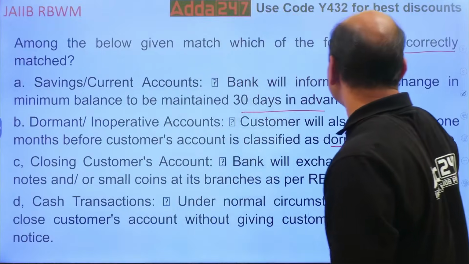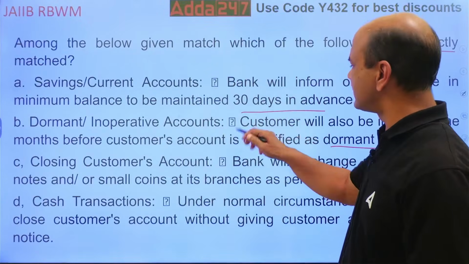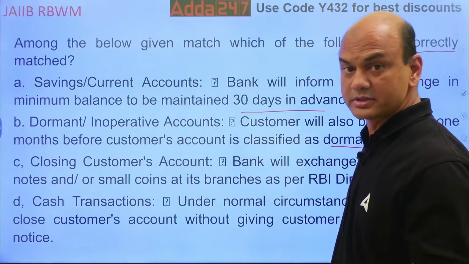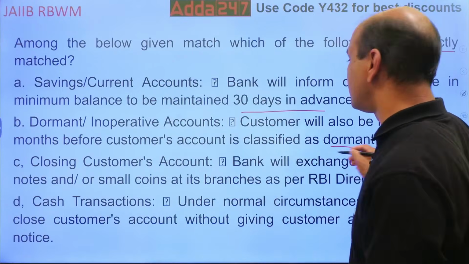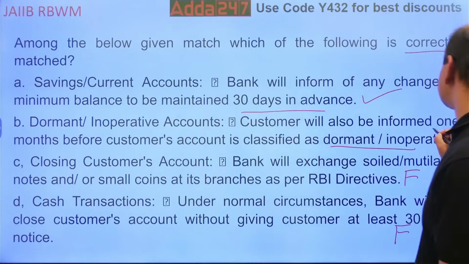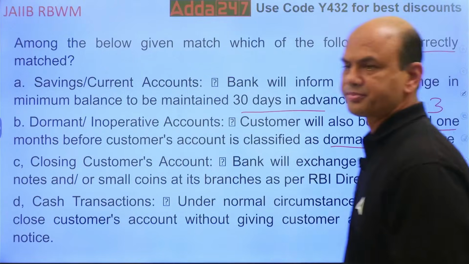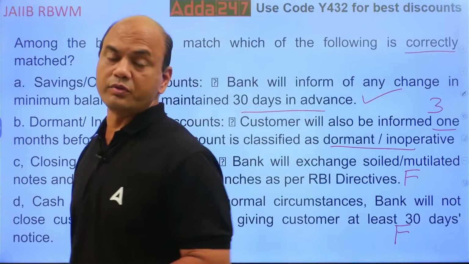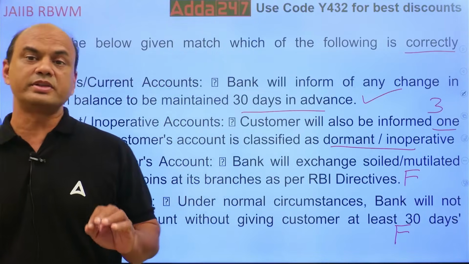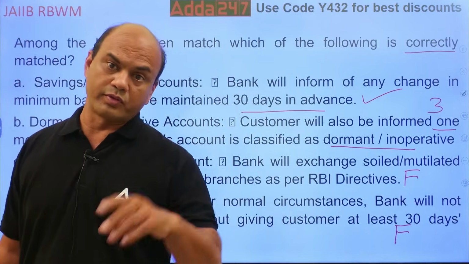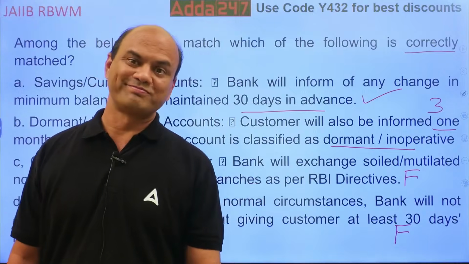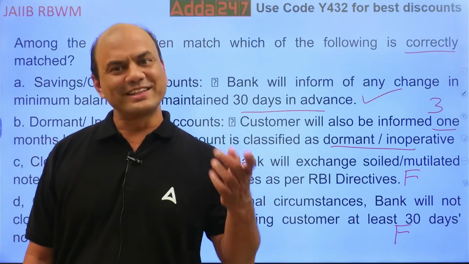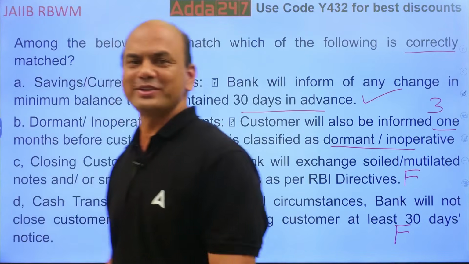Some of you will say that, sir, this is also true now. No, this is not true. Why? Because here it's not 1 month, it is 3 months. The answer is 3 months. If you want to transfer anyone's account to dormant, you have to inform that customer 3 months before. That's why this was tricky. A and B was tricky.